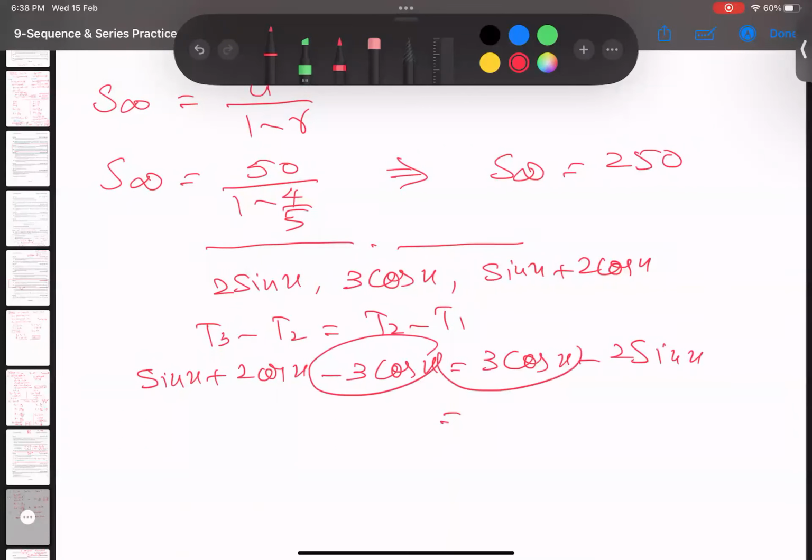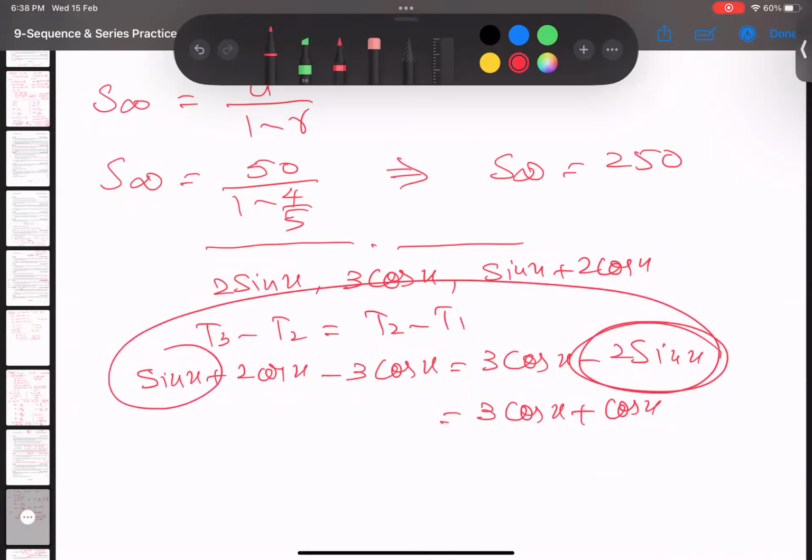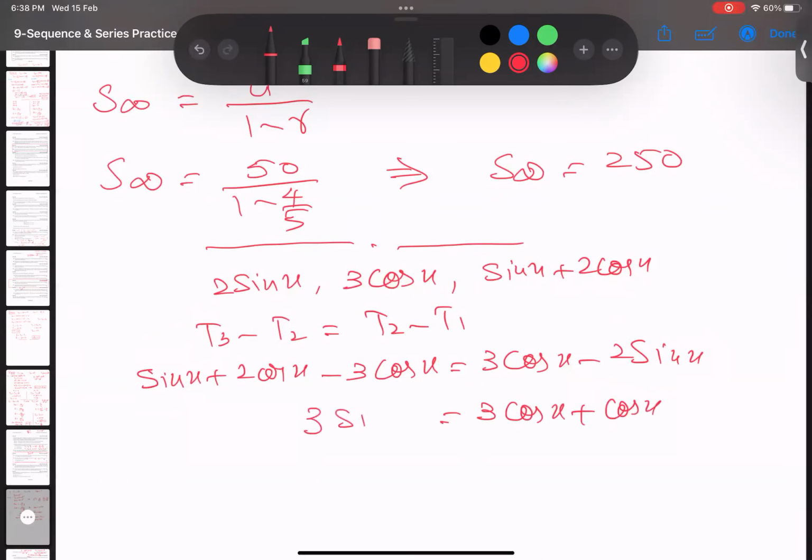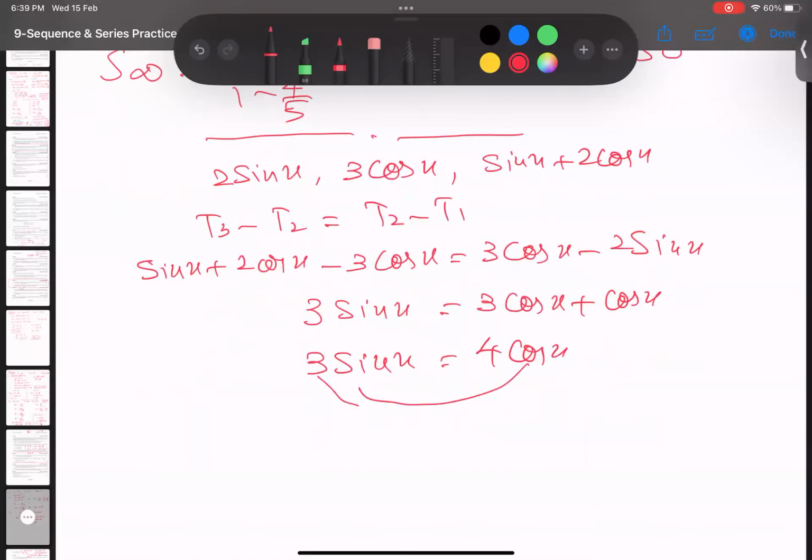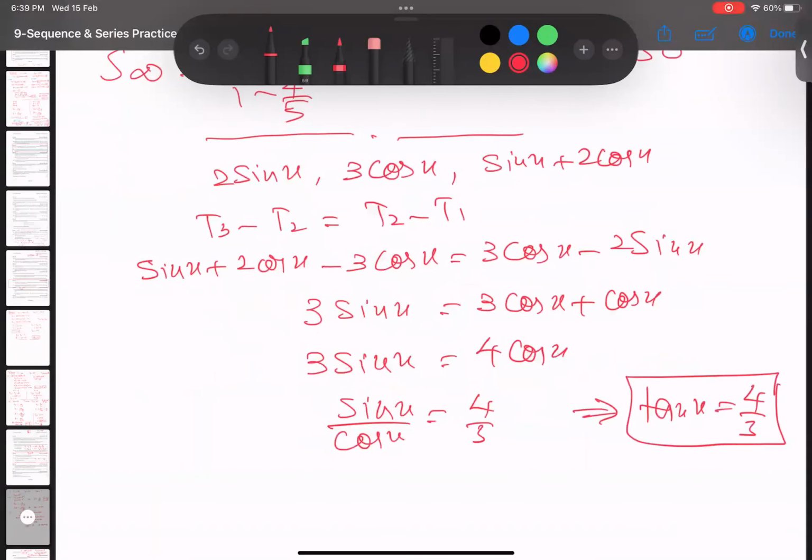So this minus cos will go there and become plus cos, so 3 cos x plus cos x. This 2 sine will go and add there, becoming 3 sine x. Ultimately 3 sine x equals 4 cos x. Cos will go under and 3 will go under 4, so change the places: sine over cos equals 4 by 3, and it turns out to be tan x equals 4 over 3. Alhamdulillah Rabbil Alameen, proved.